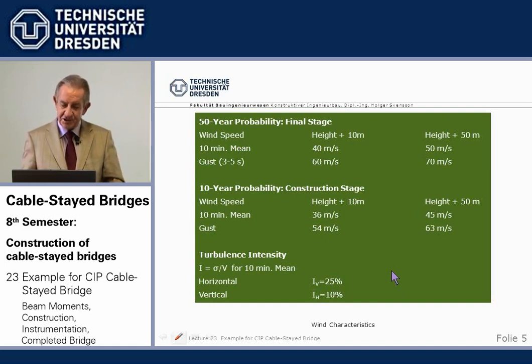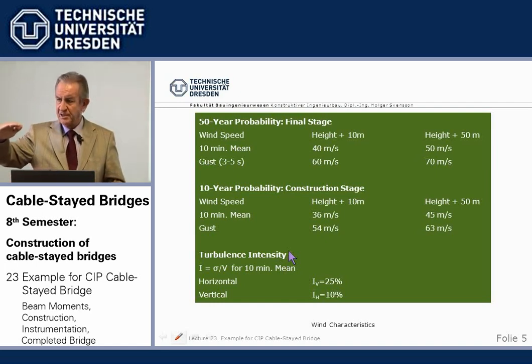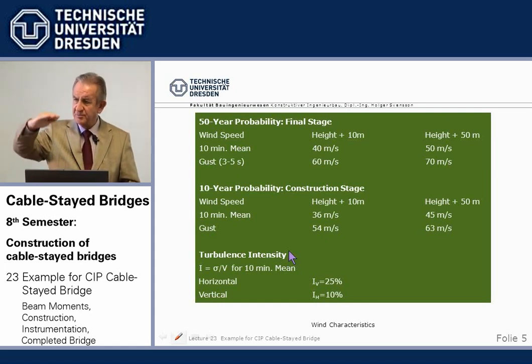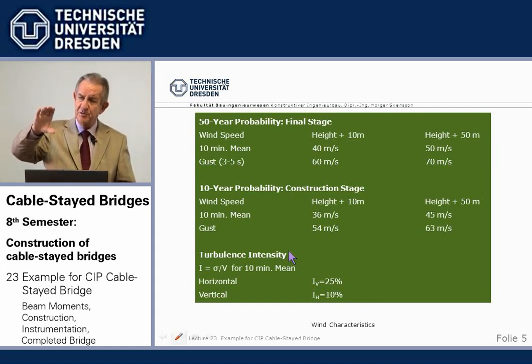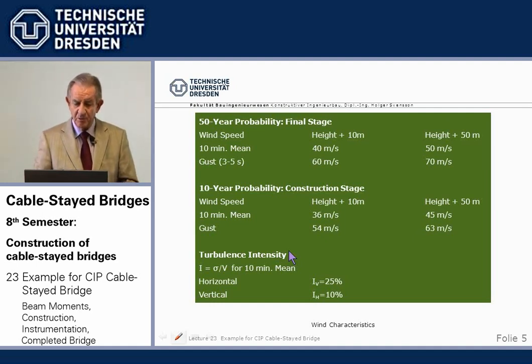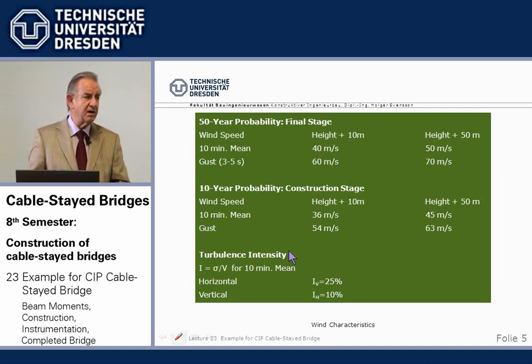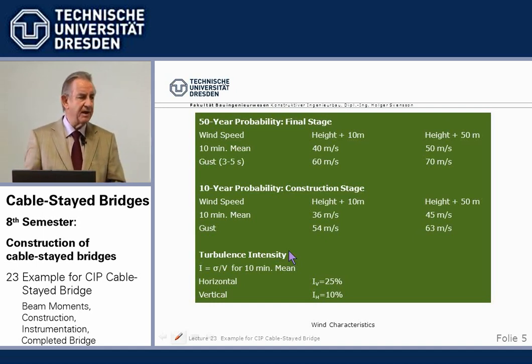And in addition, we have a high turbulency. Now, turbulency is if we have a base wind speed, and then we have the fluctuations about this basic wind speed, and the percentage of fluctuation to the base wind speed we call turbulency, and regularly that's in the range of, say, 5 to 10%.